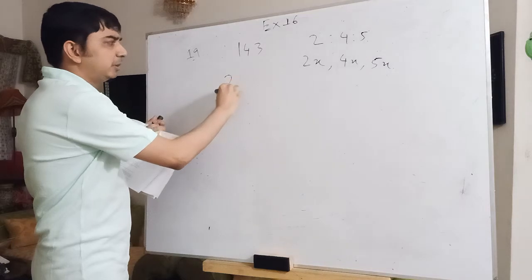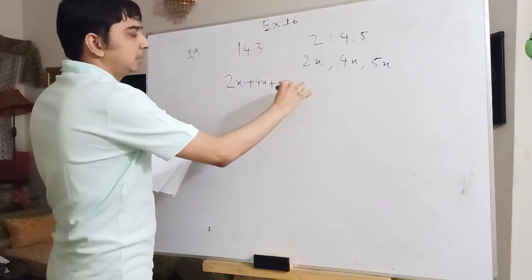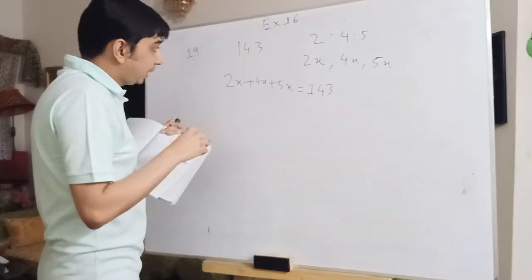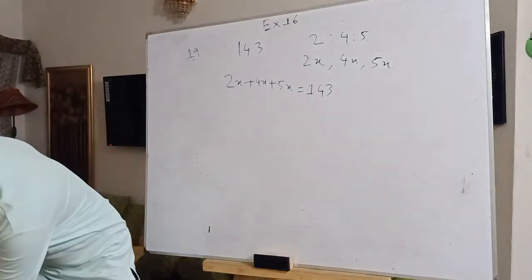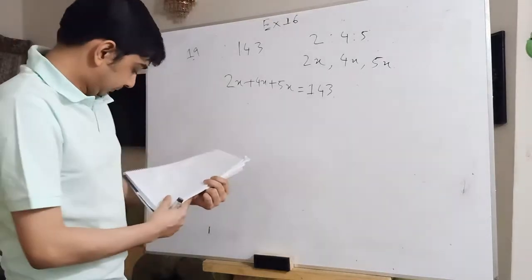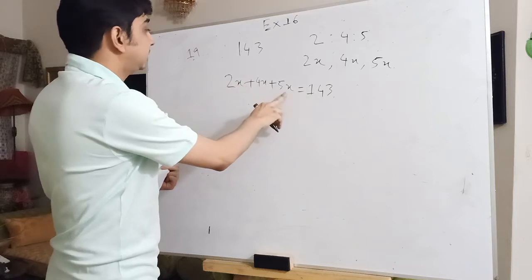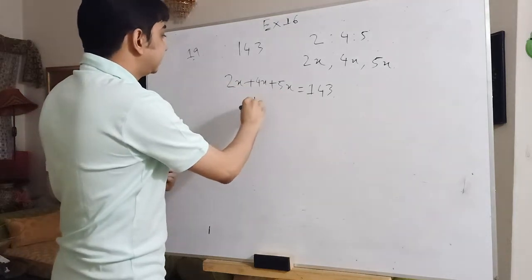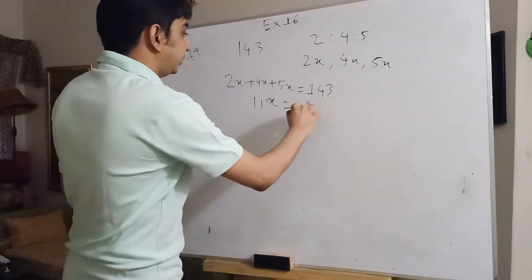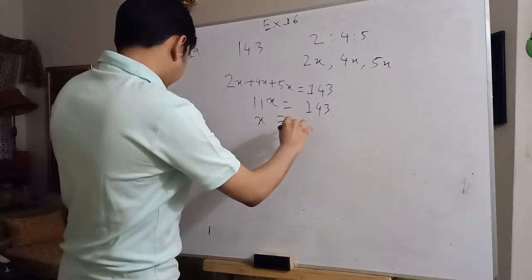So if I add all of them, I get 143. So 2x plus 4x plus 5x is 11x, and 11x is equal to 143.